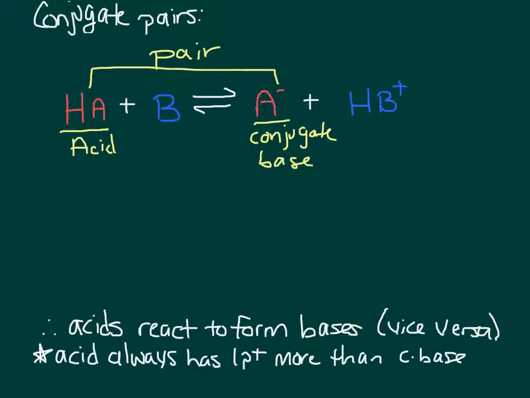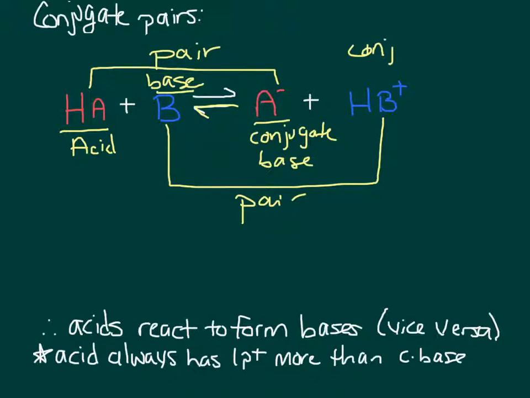This means in the reverse reaction, going back to reactants, A- is going to be the one accepting a proton to become its original acid, which is why we call it a conjugate base. So then we have B and HB+. That is our other pair. We know B is our base. Therefore, HB+ is our conjugate acid.